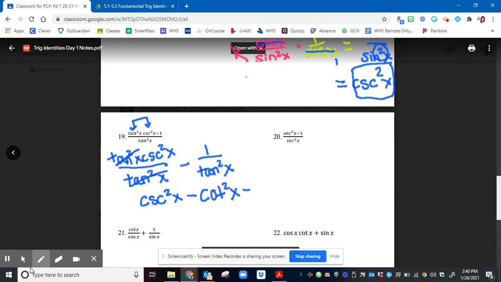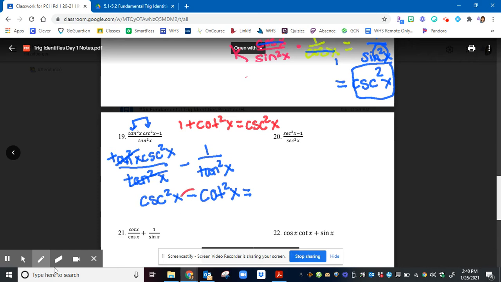And then I want to take this one step further, because if you look at your Pythagorean identities, I do have an identity that says 1 plus cotangent squared is equal to cosecant squared. So once again, guys, once you prove an identity, I would write this down on your sheet so that you don't have to keep proving this over and over again.